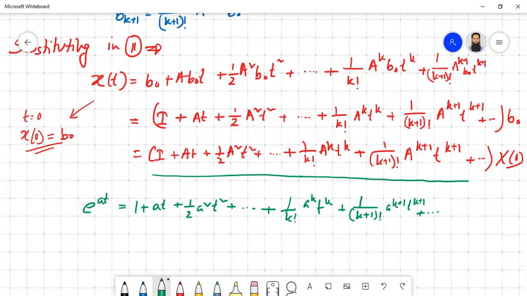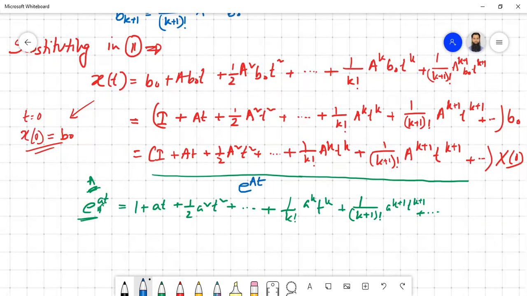So actually, based on this idea, even though the scalar a here and capital A are not the same, capital A is a system matrix, we can take the same notation. So we can replace this one by e to the power At.